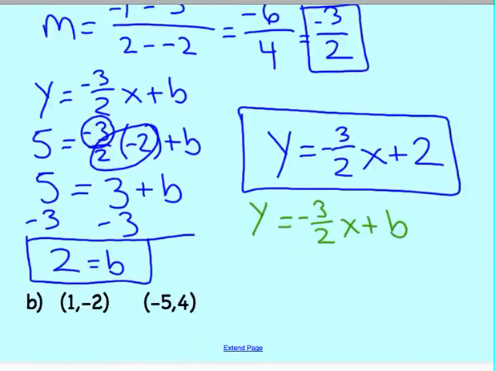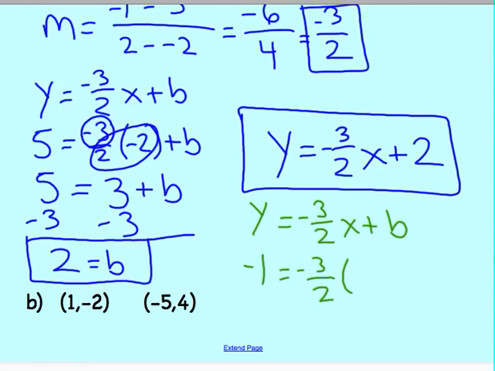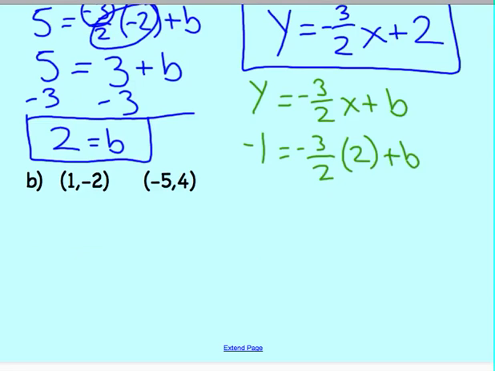This would tell me that -1 would be y. We're using 2 for x. So what this means is, again, you don't have to do this. I'm just showing you that if you had to pick the other point, you would have still ended up with the right answer.